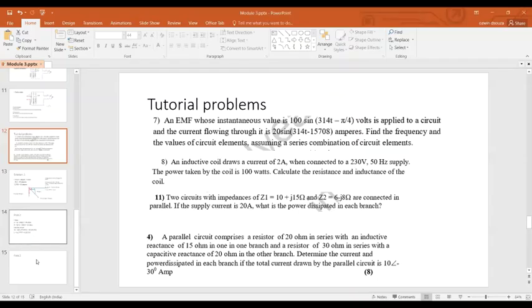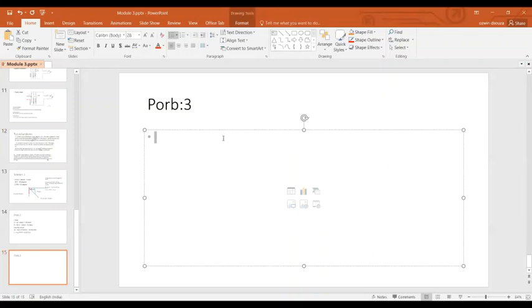So in problem number 3, for I1, what I can do is apply the current division rule: I into Z2 divided by Z1 plus Z2.